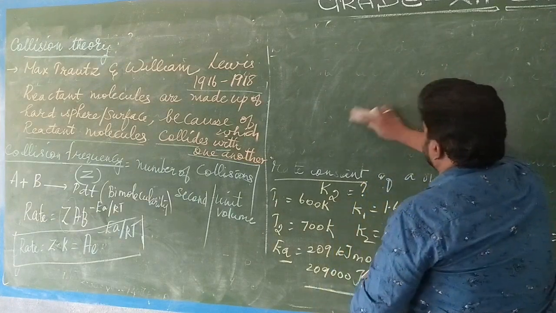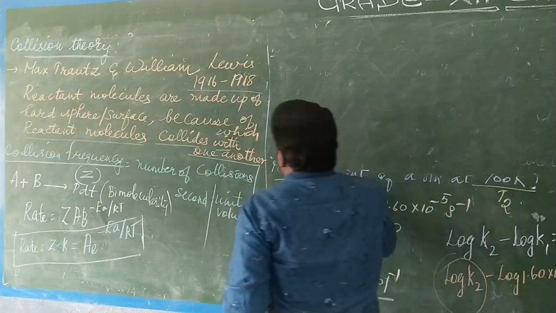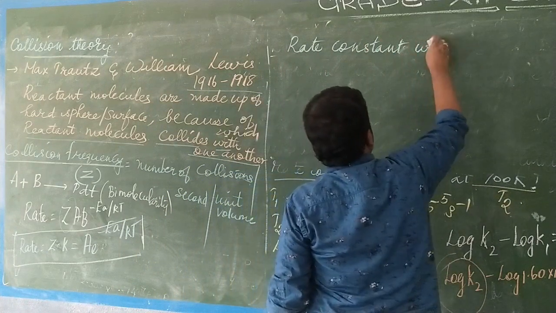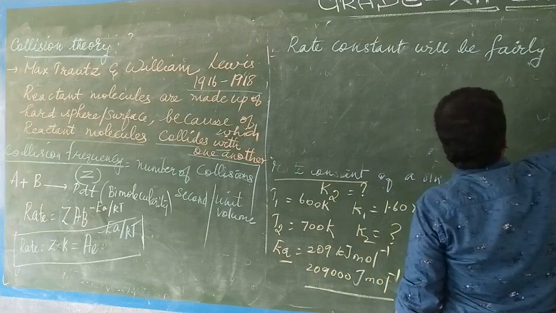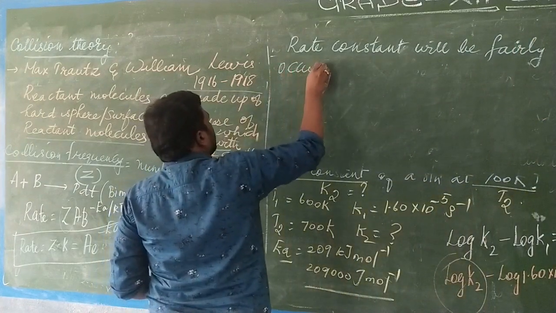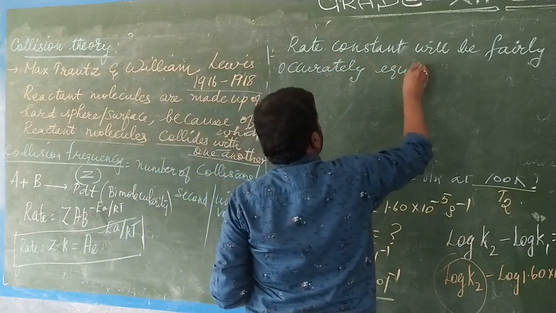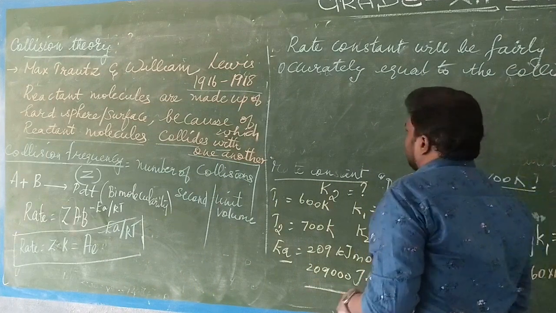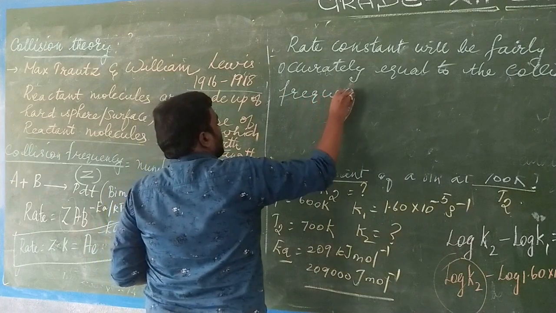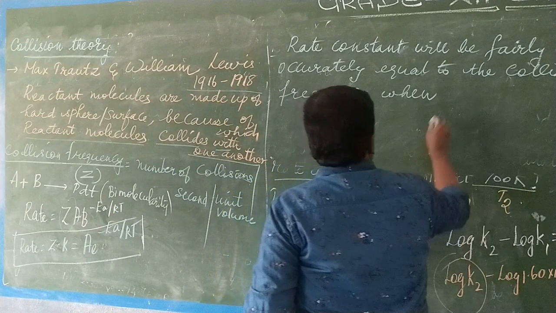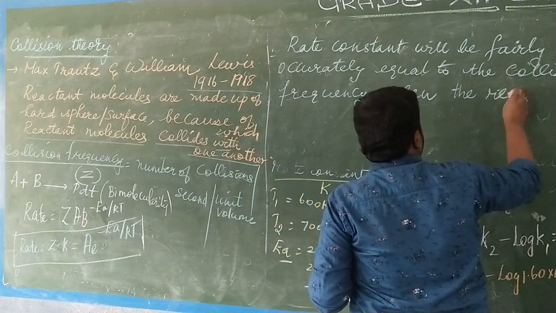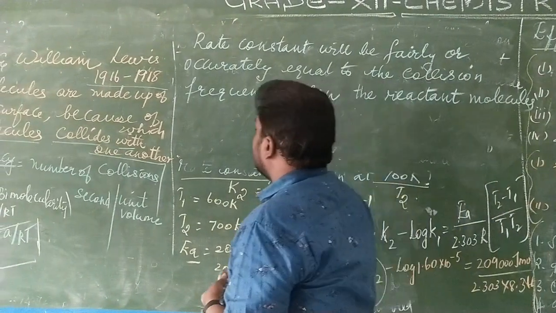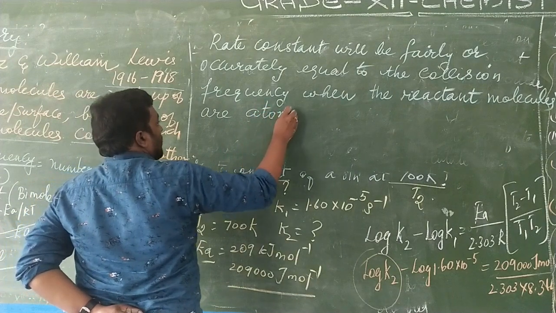The rate constant will be fairly or accurately equal to collision frequency when the reactant molecules are atomic species or molecularity.